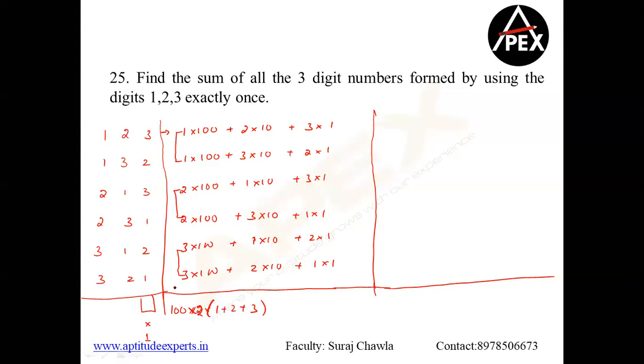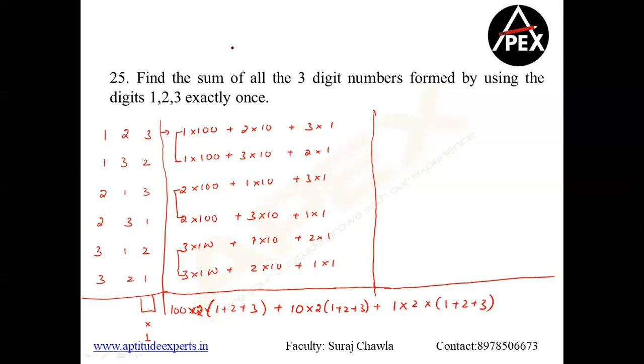It's only for the first part. Similarly, if you look at the second part, it can be written as 10 into 2 into 1 plus 2 plus 3. Clear? And the third part can be written as 1 into 2 into 1 plus 2 plus 3.